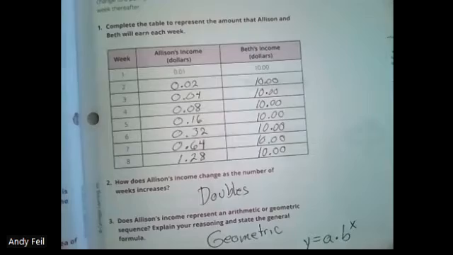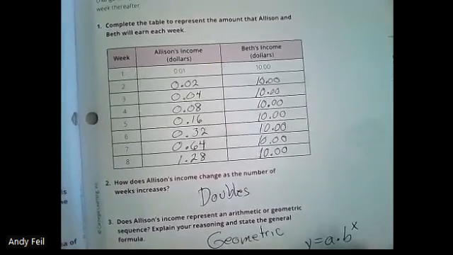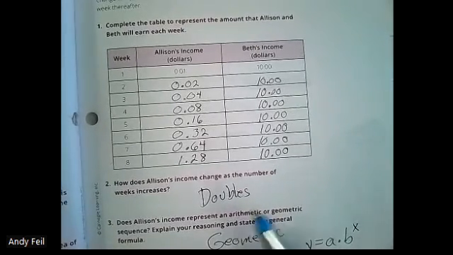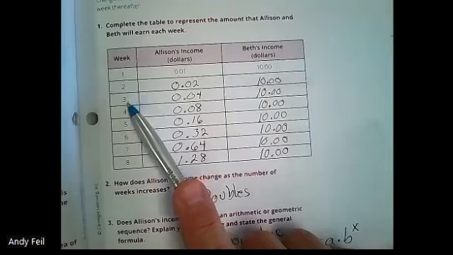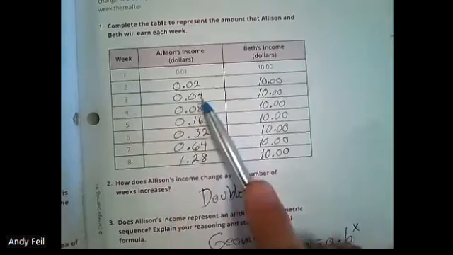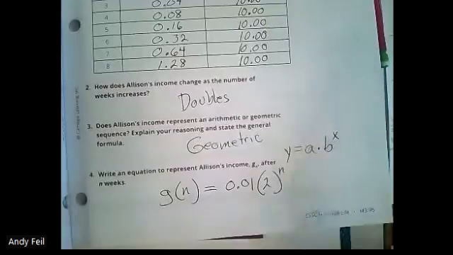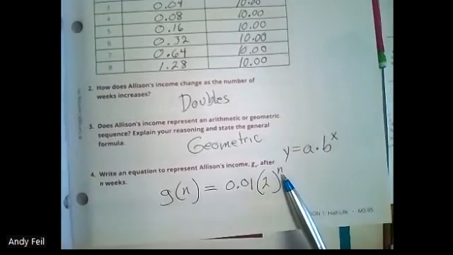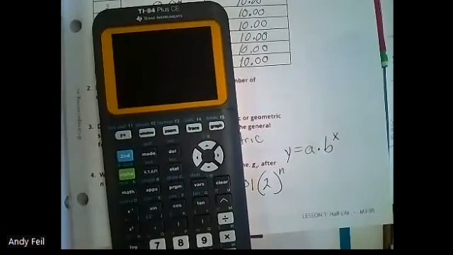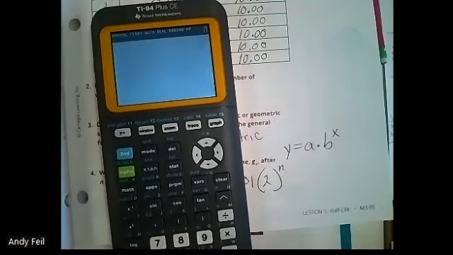Let's try out our formula. We're going to call this N. In week 3, she made 4 cents, right? So let's try our formula here. What do I put in for N? 3. So everybody go get a calculator. You're going to need one. Go send a friend to get you a calculator.